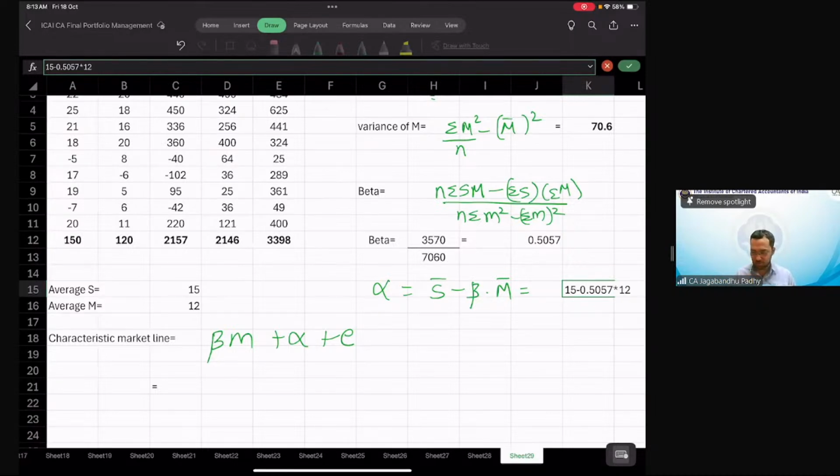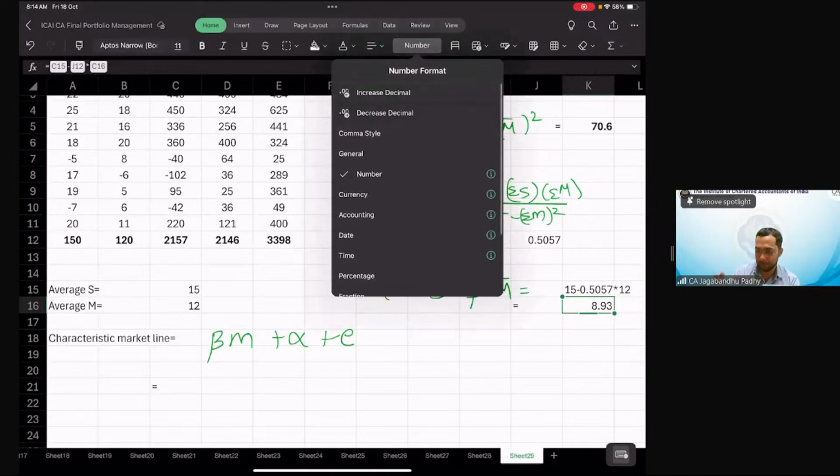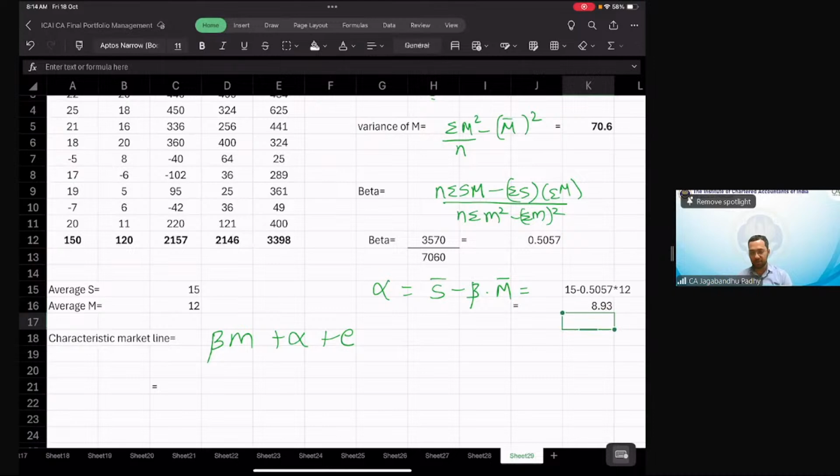M bar is 12. So alpha is 15 minus 0.5057 into 12, which is 8.93. So we got the alpha value as 8.93.